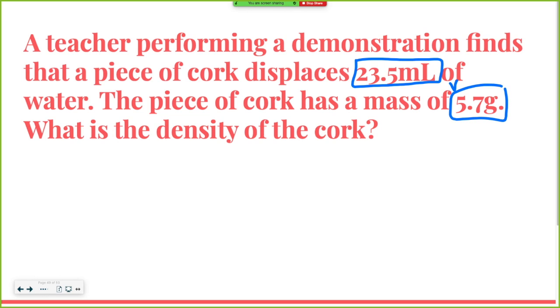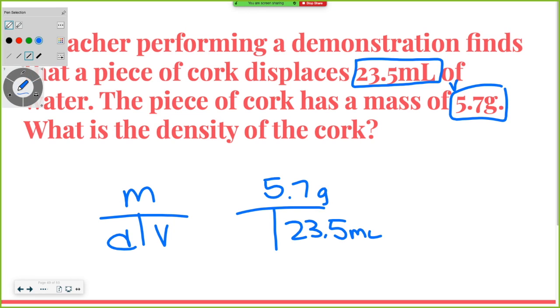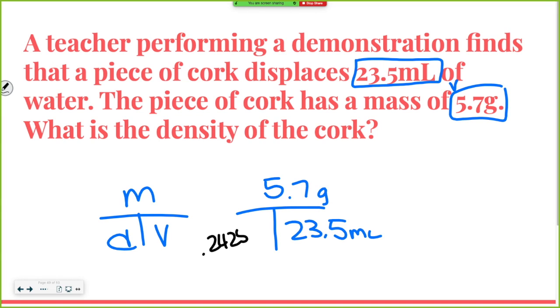So what is our density? Density equals mass over volume. 5.7 over 23.5. Yes, good job. And then we get a density of 0.24253.